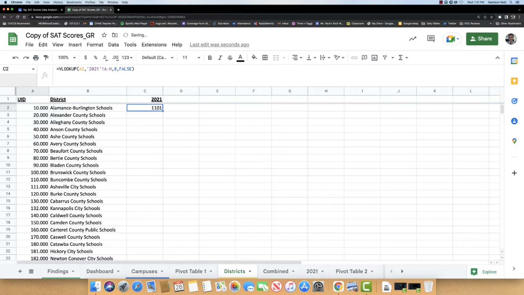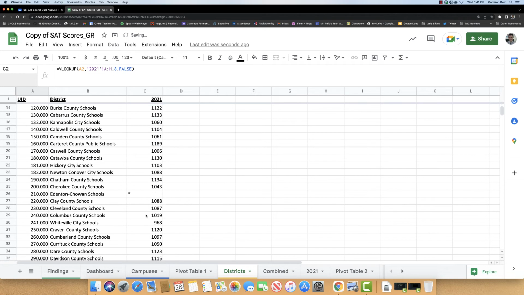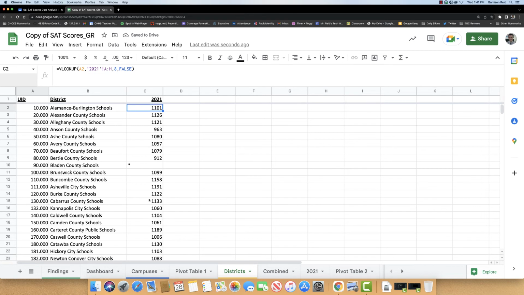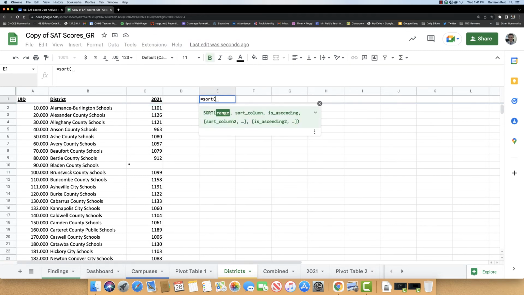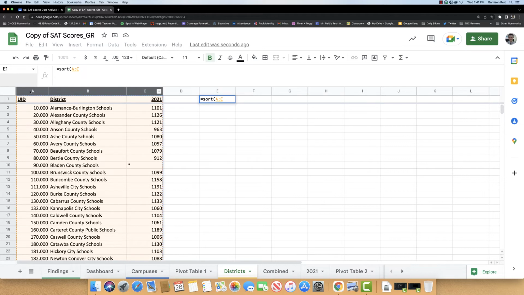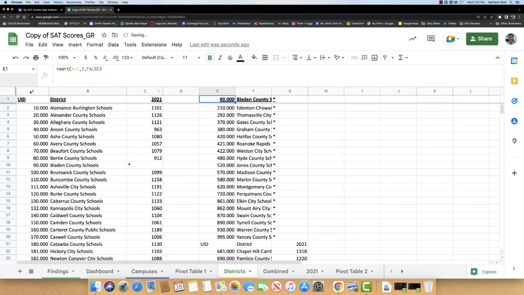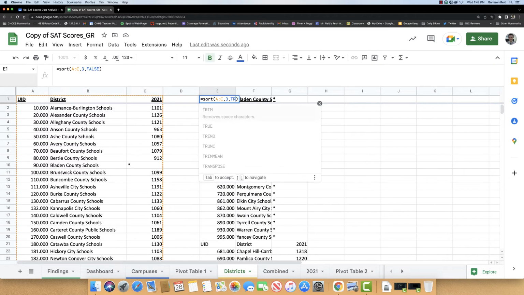I can double click that through. I have a bunch of data that obviously is not that useful. Then what I want to do is sort this data by my column 3. You could do this with a pivot table. It is ascending false.